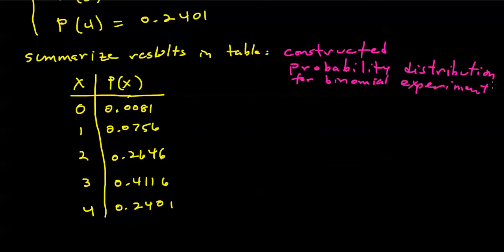Recall the criteria for a binomial experiment. You've got 2 outcomes per trial, a fixed number of trials, and the probabilities are all independent in any given trial.